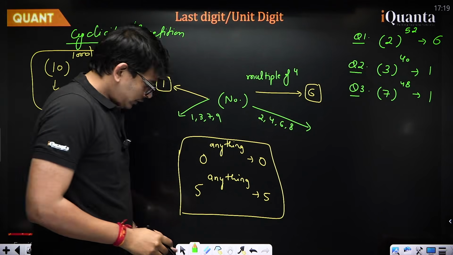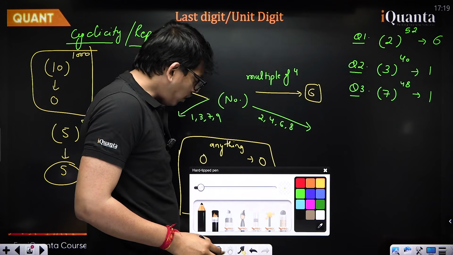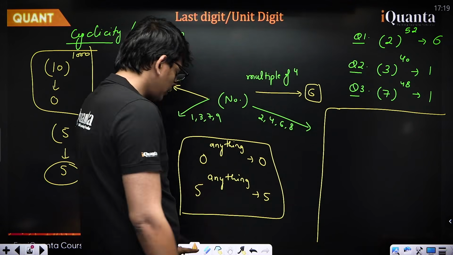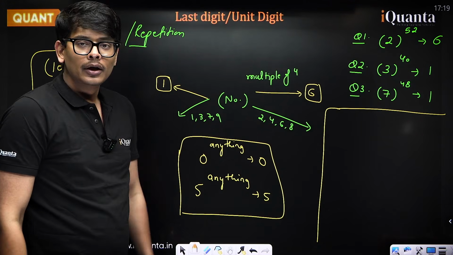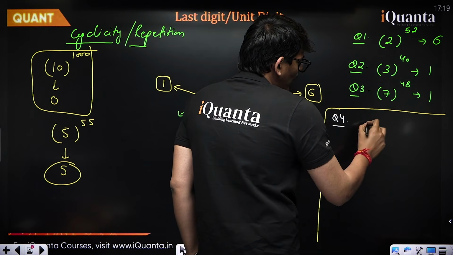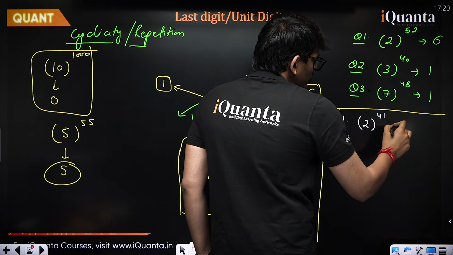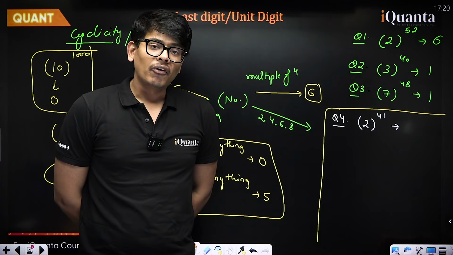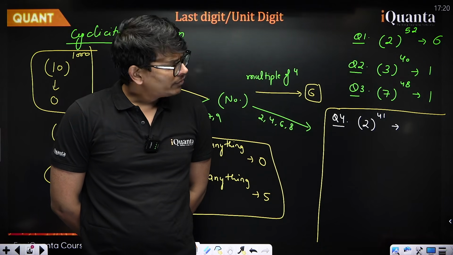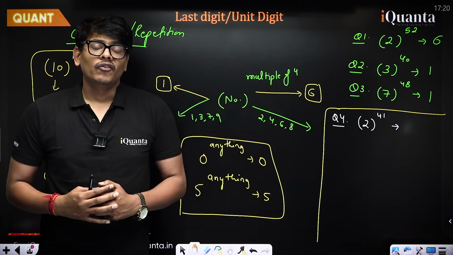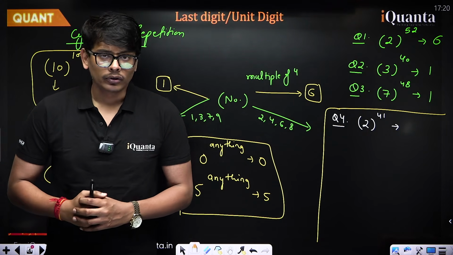Now, next thing is, what if power is not a multiple of 4? What if power is not a multiple of 4? So what you have to simply do, I'm going to teach you a shortcut. Notice, 2 raised to the power 41. 2 raised to the power 41, you can see power is not a multiple of 4. Now ask yourself, why it is not a multiple of 4?